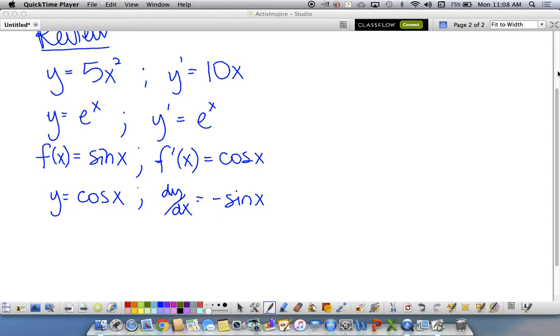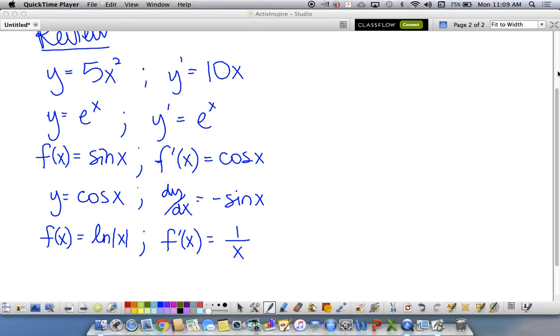Another one that we need to remember is what if f of x equals natural log x? Sometimes I'll put those absolute values around it. What is the derivative of natural log x? What is f prime? Yep, it is 1 over x, whatever x is.